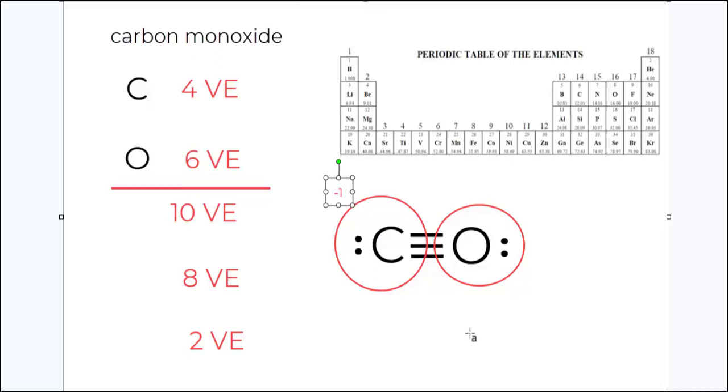Now, this is a neutral molecule, which means that this oxygen by default should have a formal charge of +1, but let's just double check. 1, 2, 3, 4, 5. It has control of 5 electrons, but it's supposed to have 6, so it's missing an electron, so its formal charge will be +1. Now, this isn't ideal, it's a stressed formal charge, because if we do have to have formal charges, we normally have the negative charge on the more electronegative element, which is the oxygen.